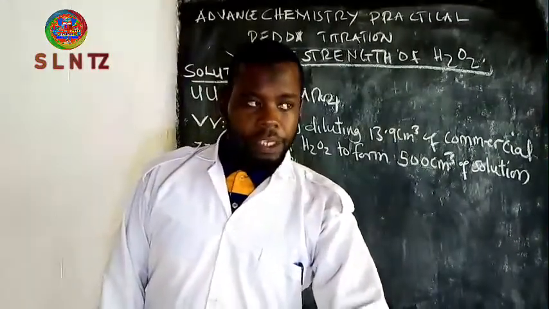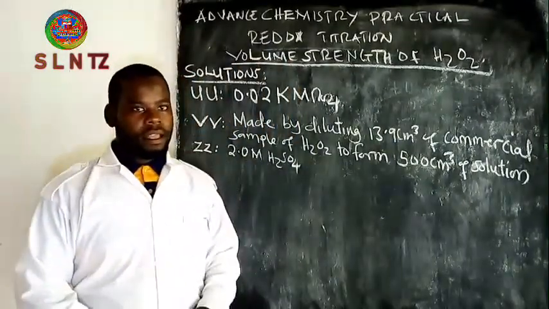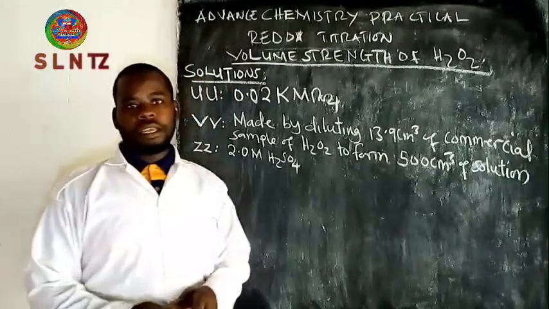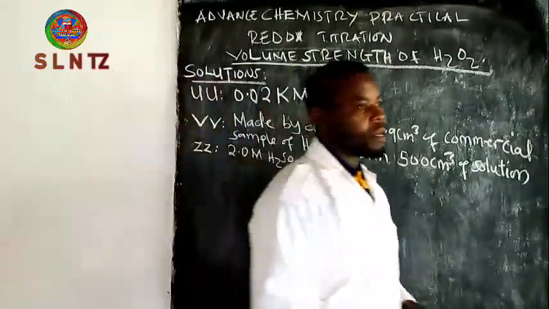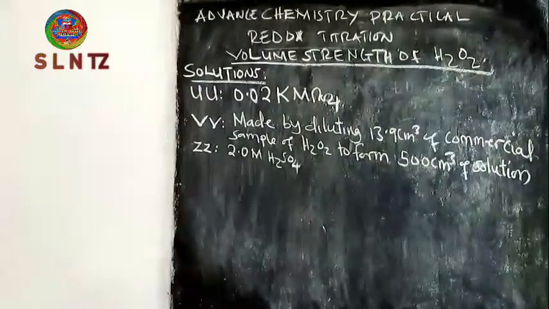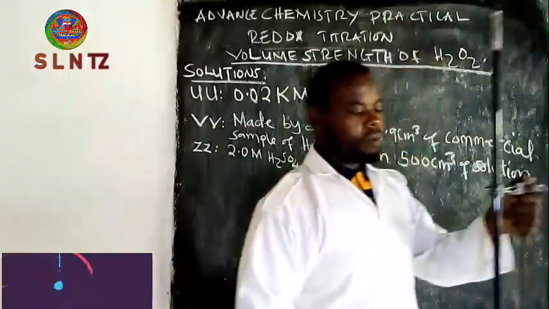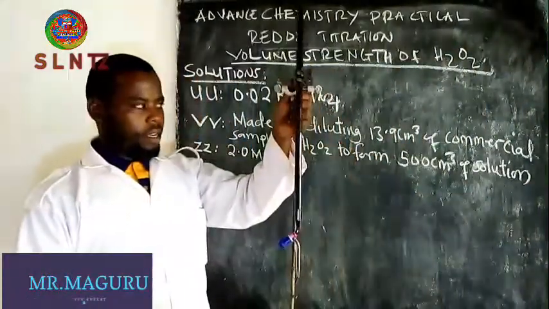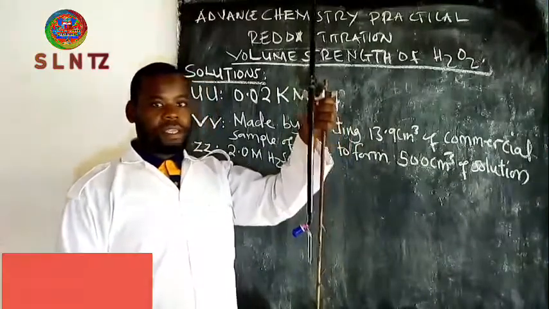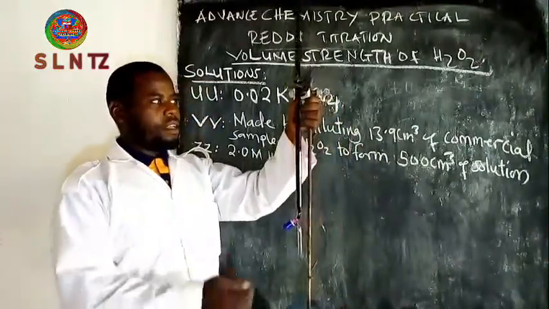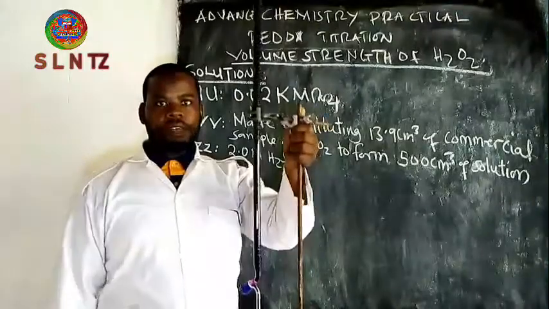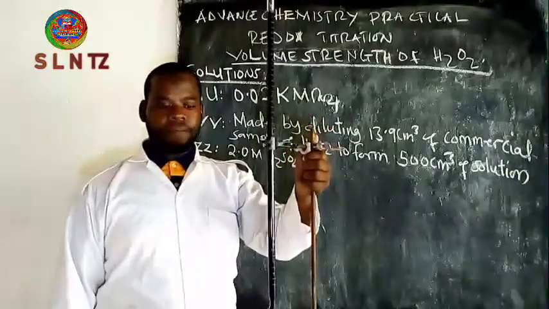So in the procedure, the potassium permanganate will be in a burette. Do you see? This is potassium permanganate in a burette.